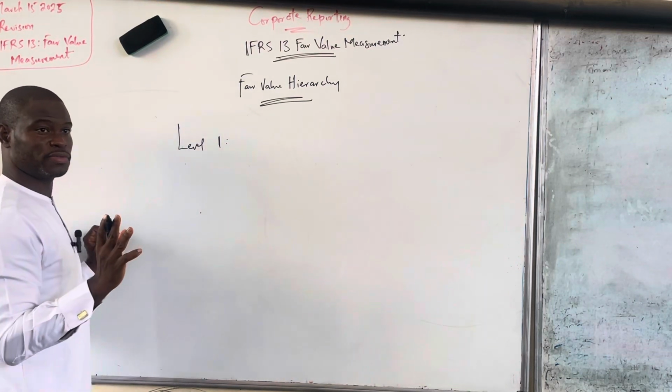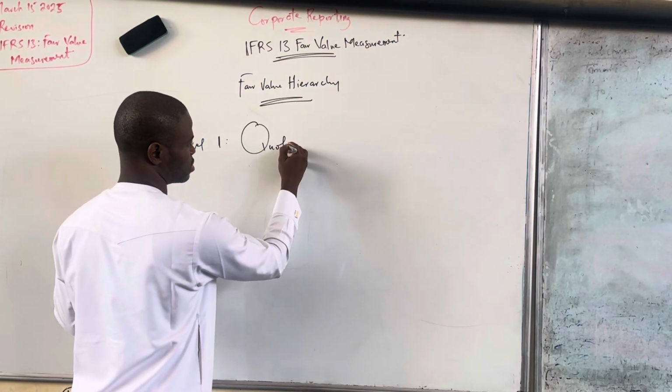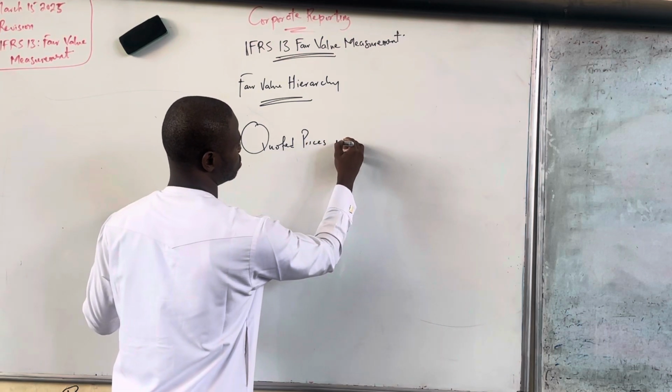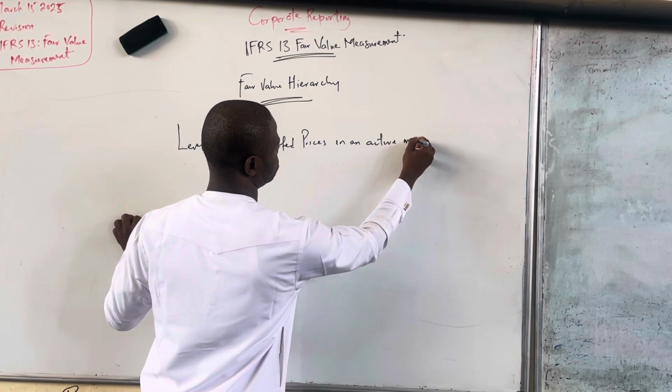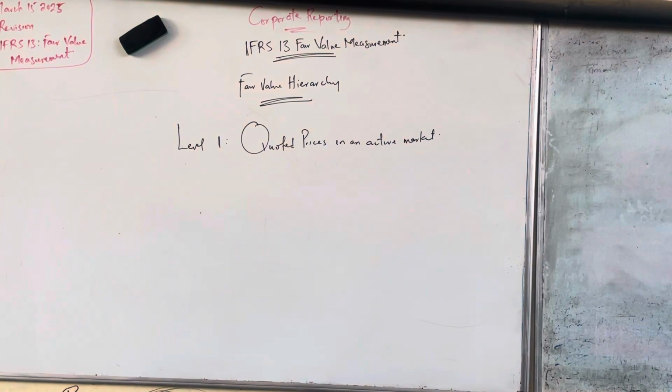Level one uses quoted prices in an active market. That's level one, and this one is the most reliable. This is the approach that we recommend.